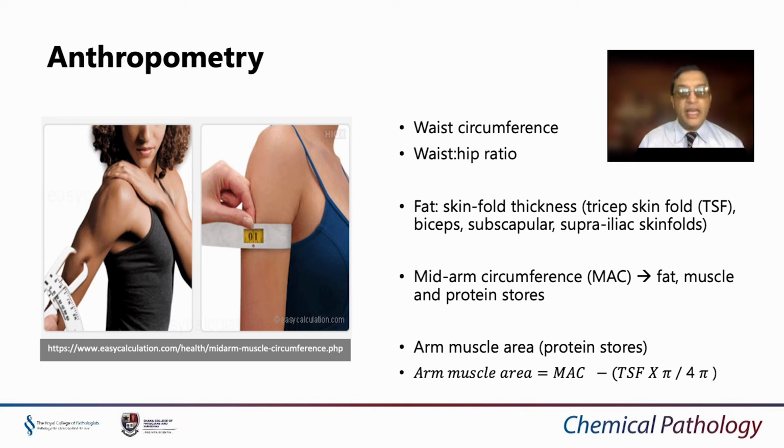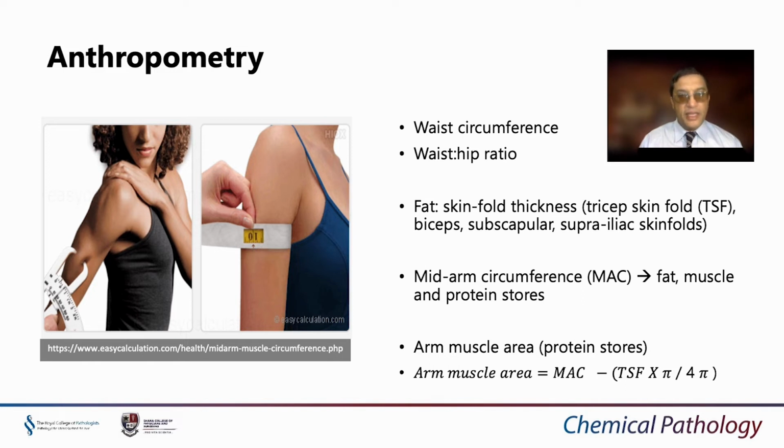Anthropometric measurements can be used to assess patients who are obese. Waist circumference can be used to prognosticate type 2 diabetes and assess obesity in fat stores. The waist-hip ratio contributes little more information. Fat can be assessed by measuring skin fold thickness. The tricep skin fold is most commonly measured and is abbreviated TSF.